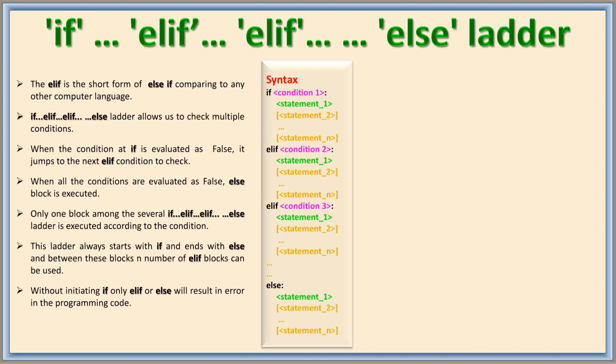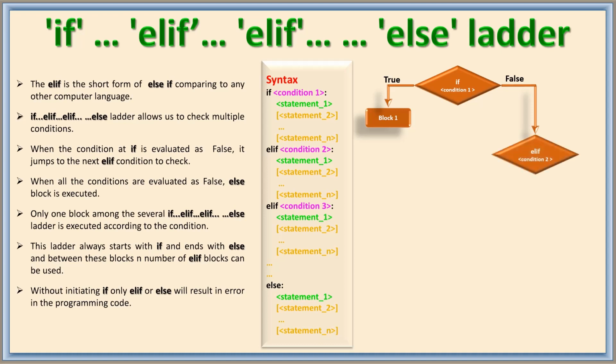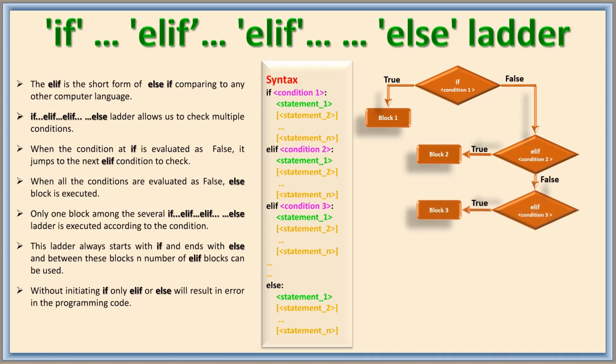Now if we see the flow diagram, when the if condition is true, block 1 is executed. When it is false, it goes to the elif block. When this is evaluated as true, the bunch of statements in this block is executed. When it is false, it will jump to the next elif. Again, when it is true, the statements in this block are executed.